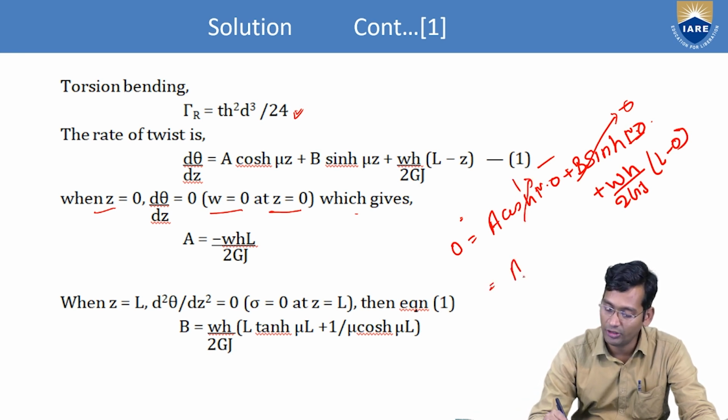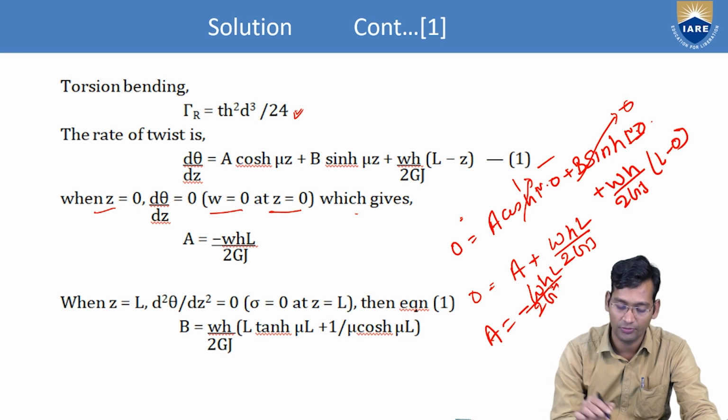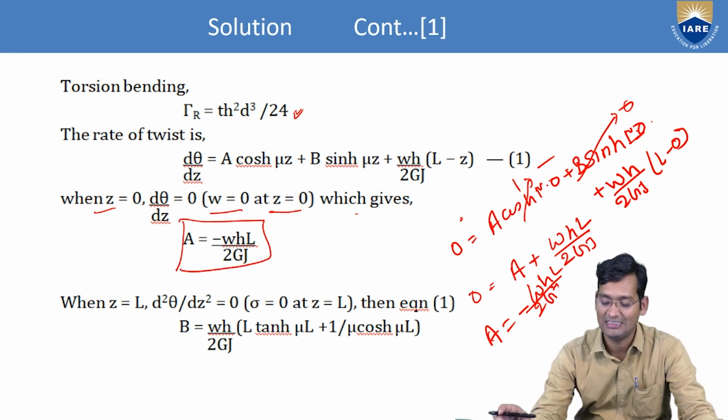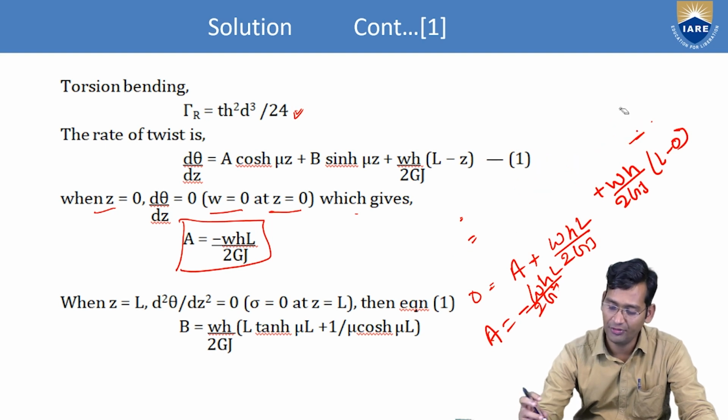So we have A plus 0 equals A plus WHL by 2GJ. From here, A equals minus WHL by 2GJ. So now we have the value of A.